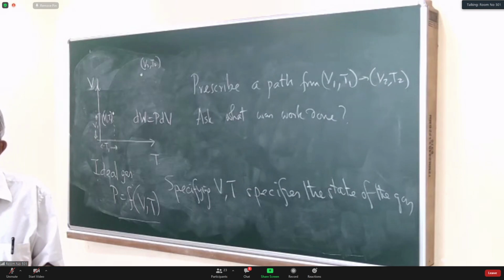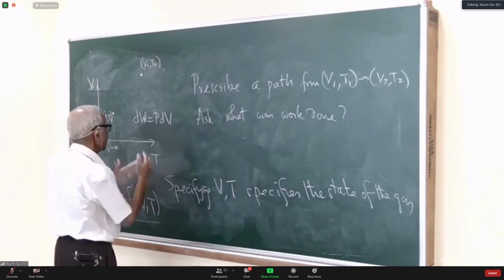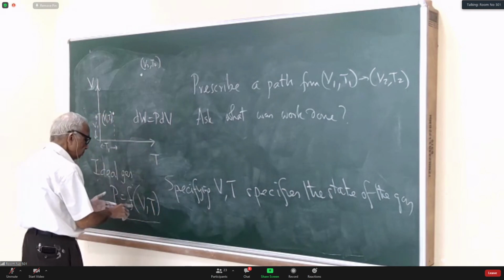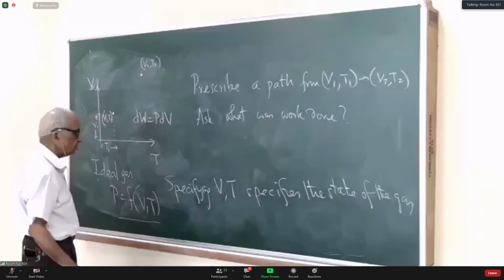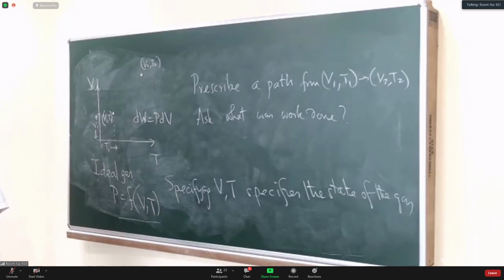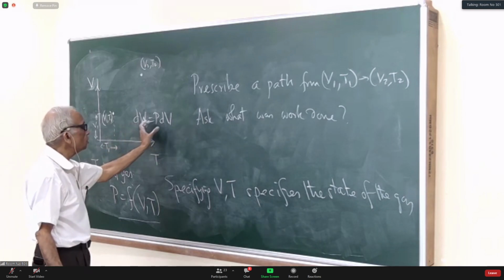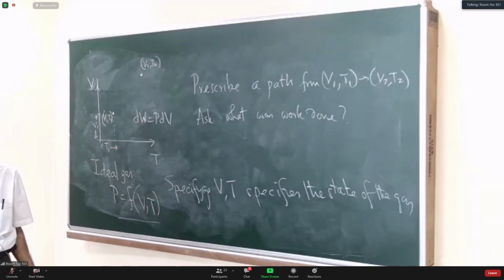So how in the world am I going to calculate the PdV integral by making use of this over here, prescribing a path and doing it? That we have learned, that I have to prescribe a path. Otherwise I can't do it, because this dW is not a perfect differential.